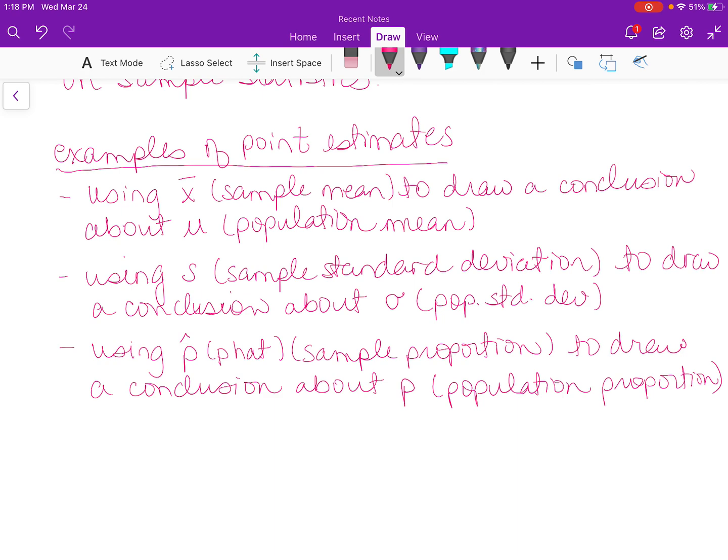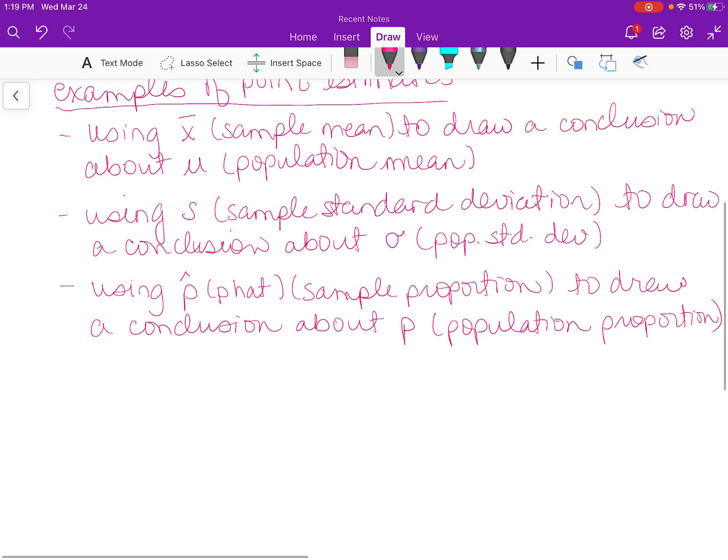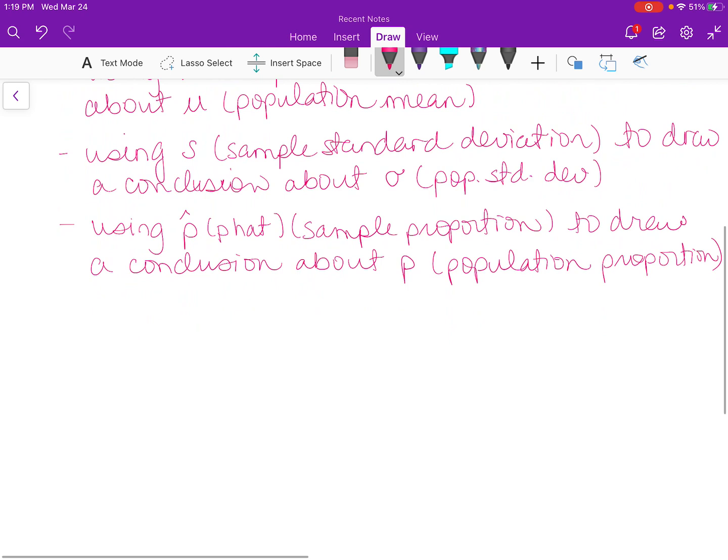The big thing is that we will not be able to estimate a population parameter down to the exact value, because using a sample to estimate a population parameter, there's still going to be error involved.